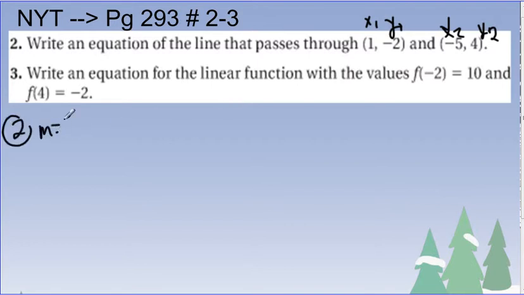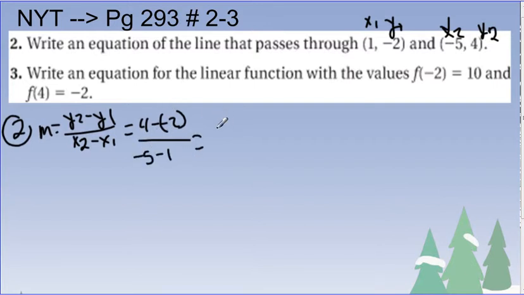M equals y2 minus y1 over x2 minus x1 gives us 4 minus negative 2 over negative 5 minus 1, which gives us a positive 6 over a negative 6, so a slope of negative 1. That's not done. That's the slope for that line.